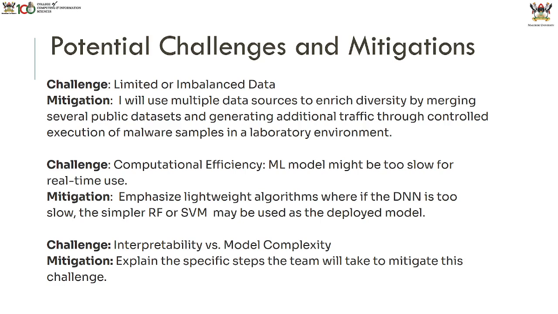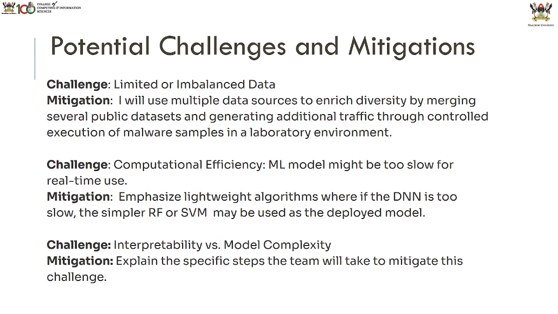Potential challenges and mitigations. So what I expect to face is limited or imbalanced data. How I will mitigate this is by use of multiple data sources to enrich diversity by merging several public datasets and generating additional traffic, since I have existing APKs that are malicious. Another challenge is computational efficiency. Machine learning model might be too slow for real-time use.